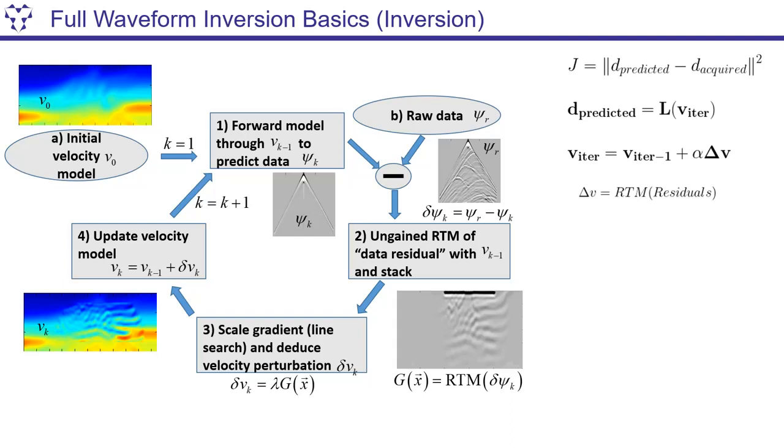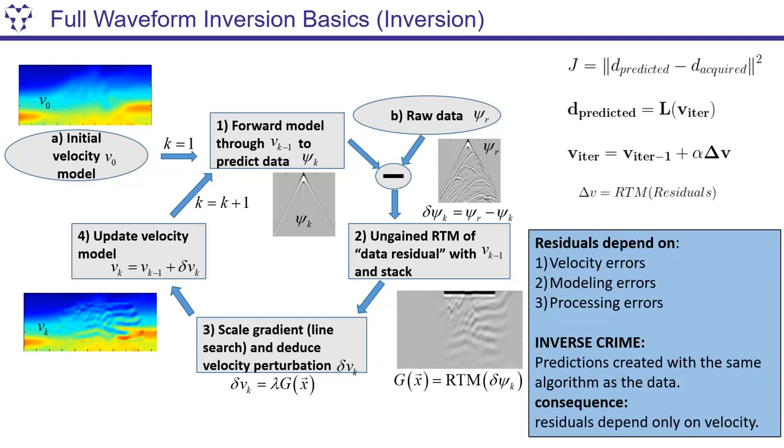Now, one extra difficulty that happens when we solve these problems is that these residuals contain not only velocity errors, but also modeling errors and processing errors. So in real data full waveform inversion, we have to deal with all this mixed information. However, when we do synthetic data, the procedure is a lot simpler because we don't have modeling and processing errors.